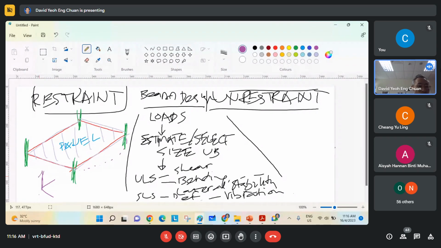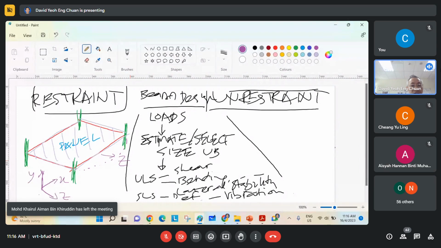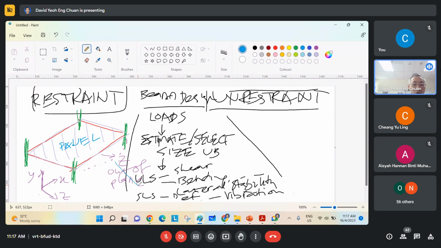So what we have, this is the Y direction, this is the X direction, and this is the Z direction. Now this one is going out on the Z direction. That means it is out of plane. If it is restrained, then this out of plane movement does not happen in a fully restrained beam.